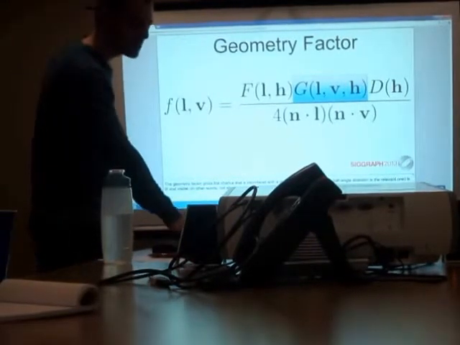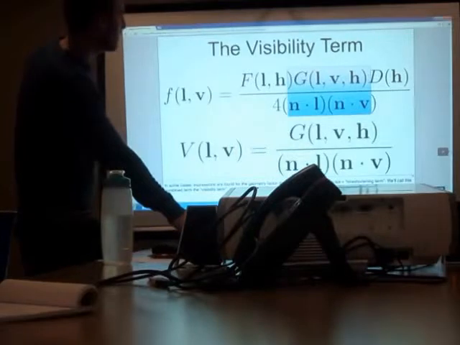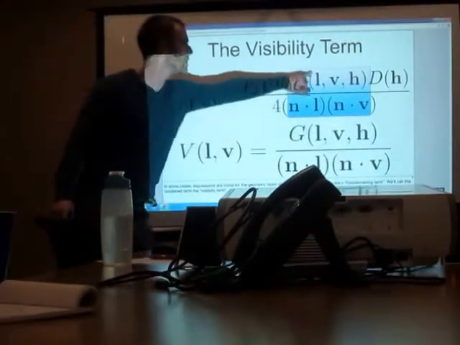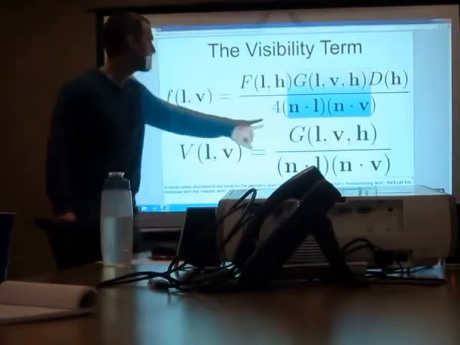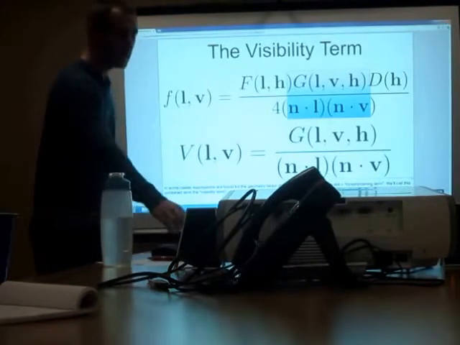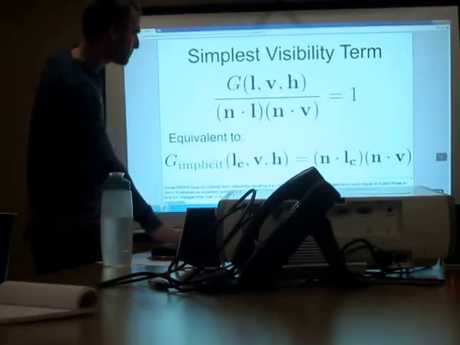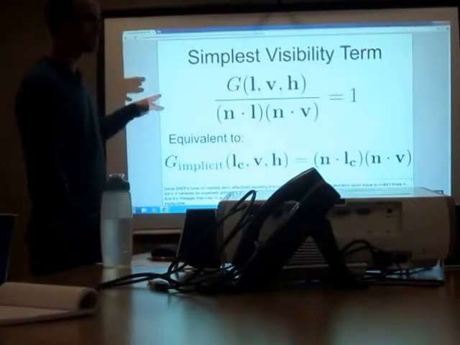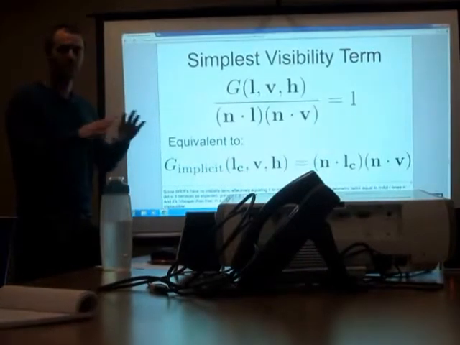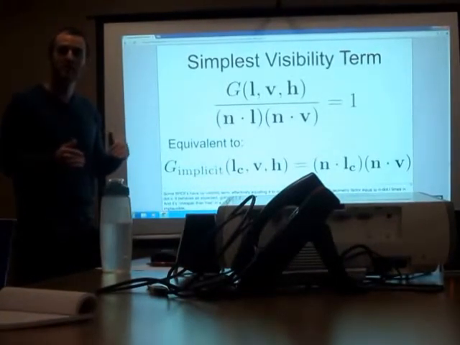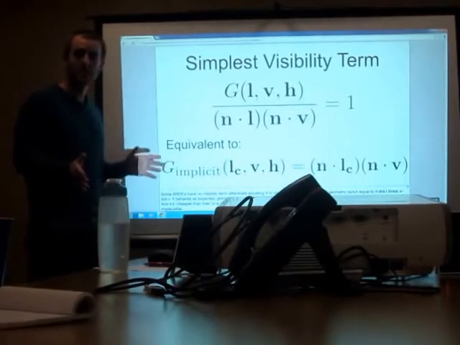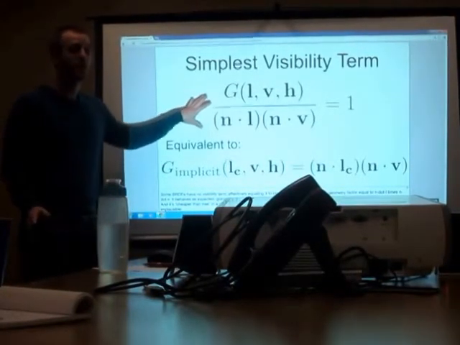The G term was the shadowing and masking term. If you group this section with those two terms down at the bottom, that new term is called the visibility term. And the simplest possible one is if you just assume that that's 100%, meaning the microgeometry is not shadowing, it's not masking anything, and everything is kind of balanced out, which isn't true, but that's what most models use.